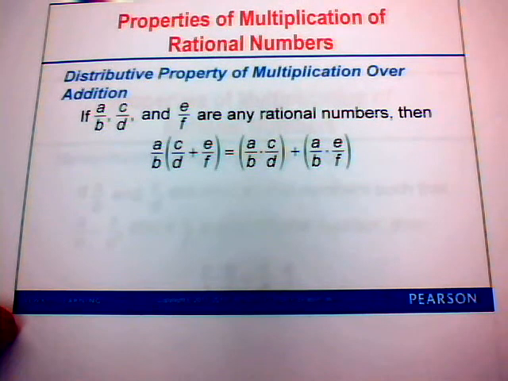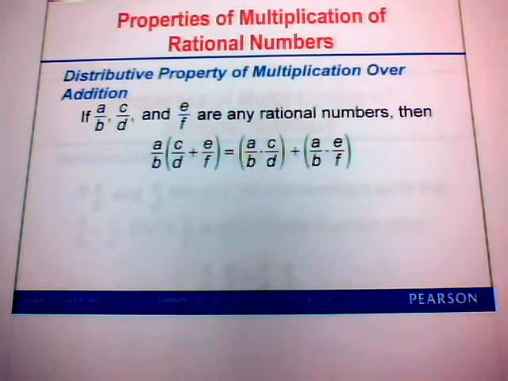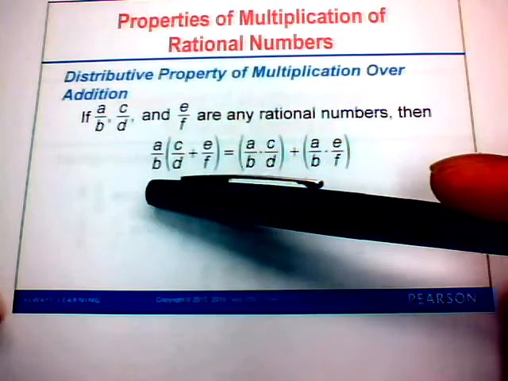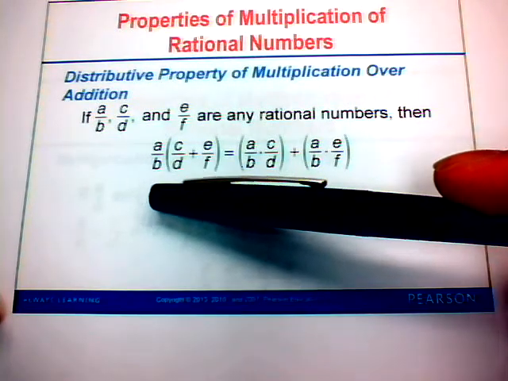Then you've got the distributive property of multiplication over addition. If a over b, c over d, and e over f are any rational numbers, then a over b times the quantity c over d plus e over f is going to be equal to this. You'll just distribute the a over b through multiplication.